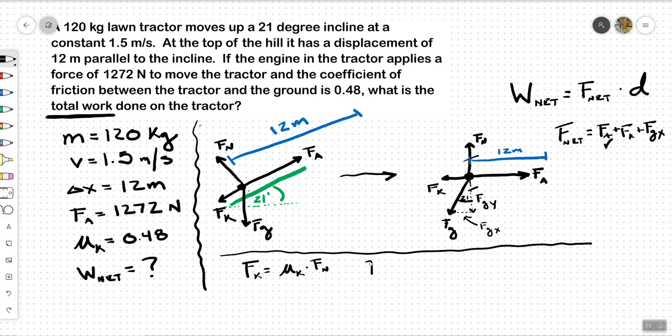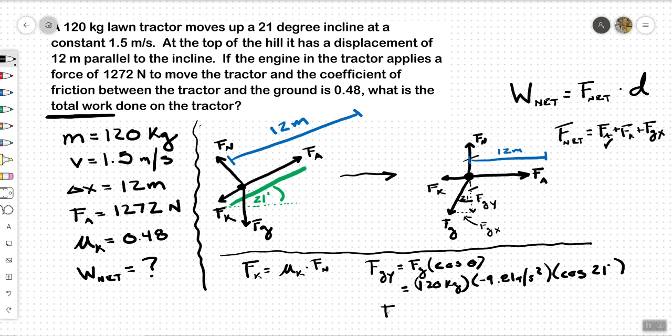So FGY is equal to the force of gravity times, this is adjacent, so cosine of the angle, which is going to be 21 degrees. So force of gravity is 120 kilograms times acceleration due to gravity, negative 9.81 meters per second squared, times cosine of the angle, which is 21 degrees.